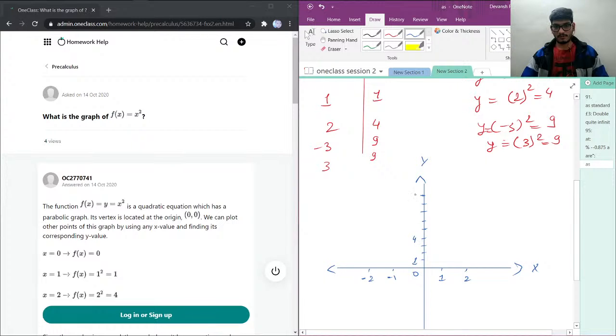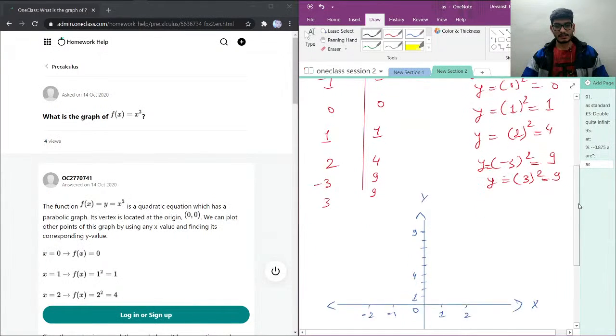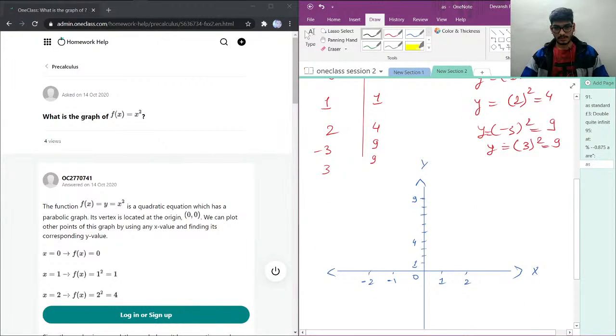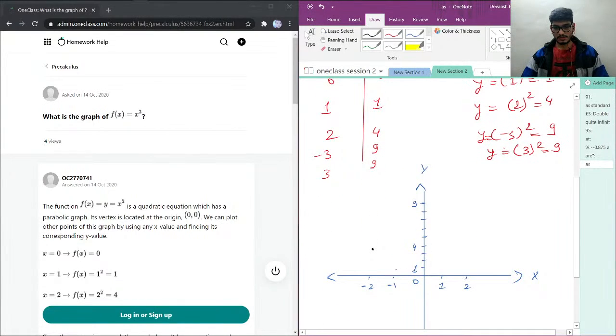I will mark for 4, and I will mark for 9. Now for x equals -2, we had y as 4. So this point will come somewhere here. Then for x equals -1, we had 1. So this will come somewhere here.